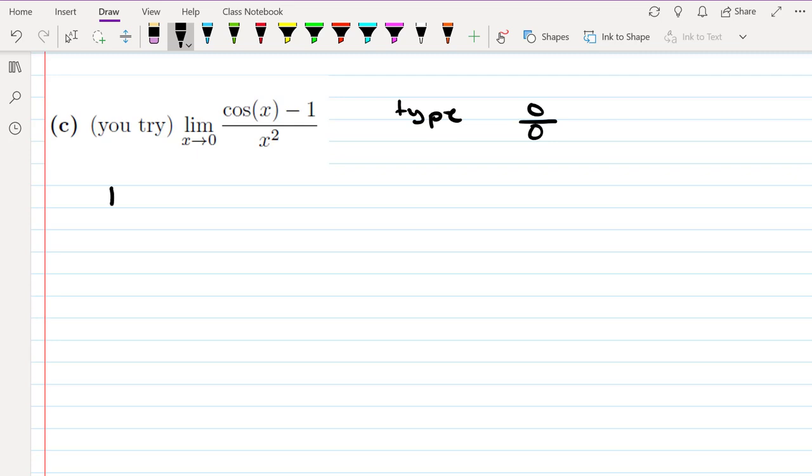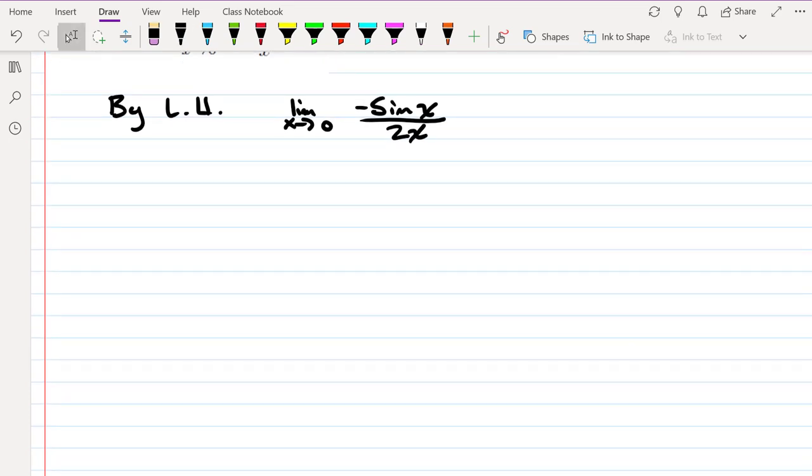So then, by L'Hopital's rule, we take the derivative, and we have the limit as x goes to 0. The derivative of cosine is negative sine. Derivative of 1 is 0. And the derivative of x squared is 2x. So once again, we try to take our limit, and if we put in x equals 0, the sine of 0 is 0.